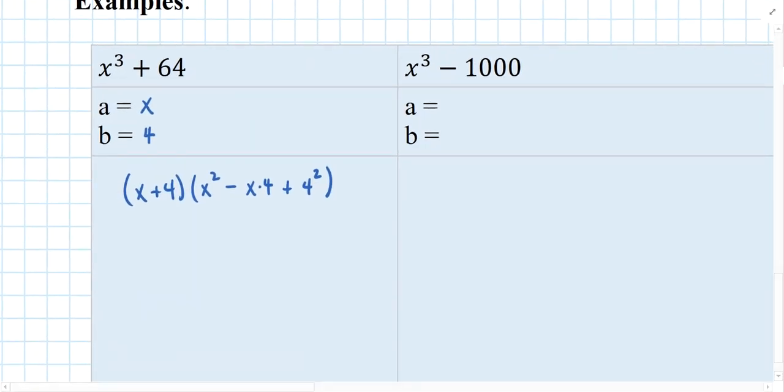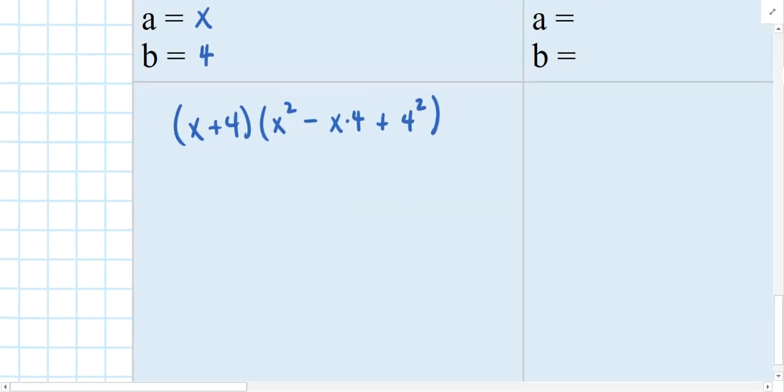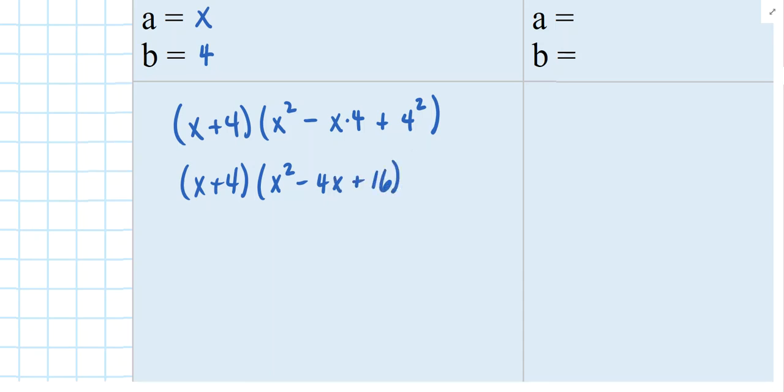This result can and should be simplified. And to check our work, we can multiply them together to see if the result is the binomial with which we started.